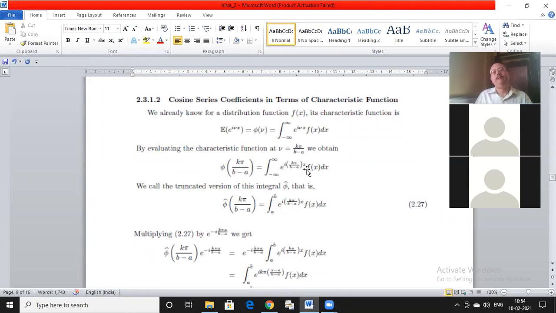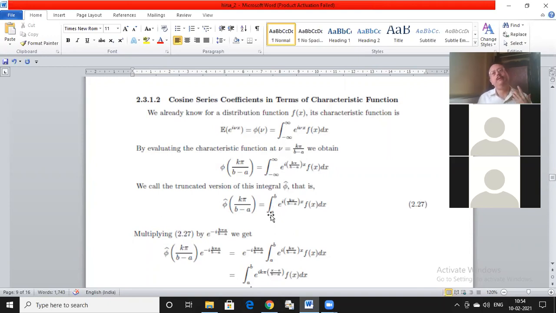Now comes the truncation. Because I have the integration on the whole real line, I have to truncate it into a finite interval, into a finite subinterval. So let us call this truncated integral phi hat. So phi, remember, is over the whole real line. Instead, let us talk about phi hat, which is only from a to b. And you know what we are going to do for all practical purposes.